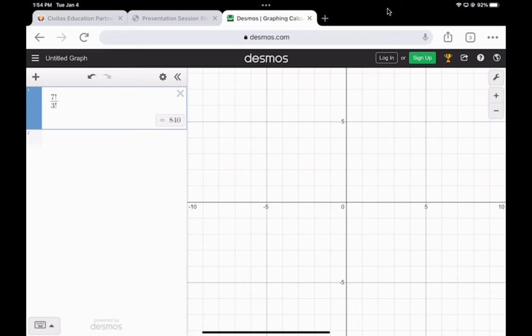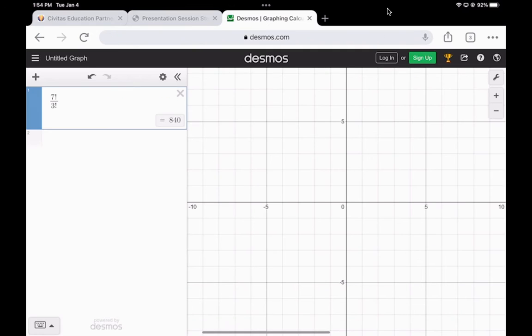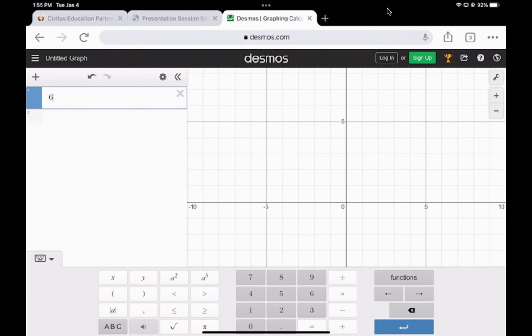Okay, so that's what we did yesterday. Number 10, same thing. This is n, this is r. So it's 6 factorial over n minus r, 6 factorial over 0 factorial. I will put it in my calculator. Same thing, right? 6.